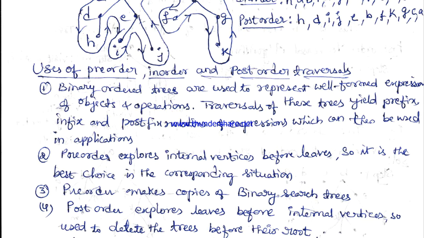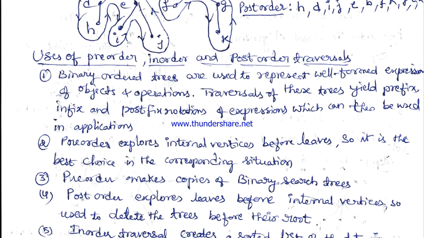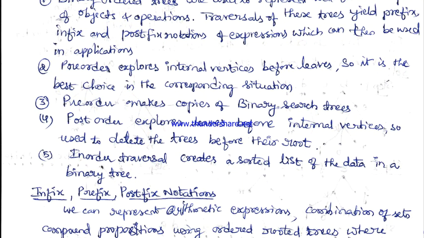Because the post order explores leaves before the internal vertices, this order is used to delete the trees before the roots. The pre-order can make copies of binary search trees. And the use of in-order traversal is to create the sorted list of data in a binary tree.